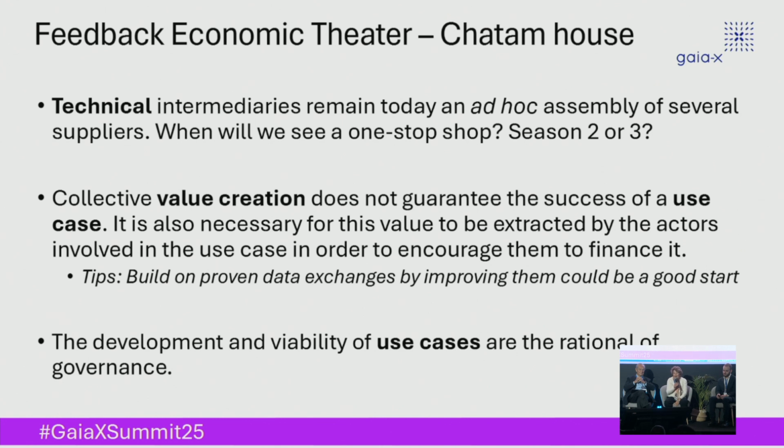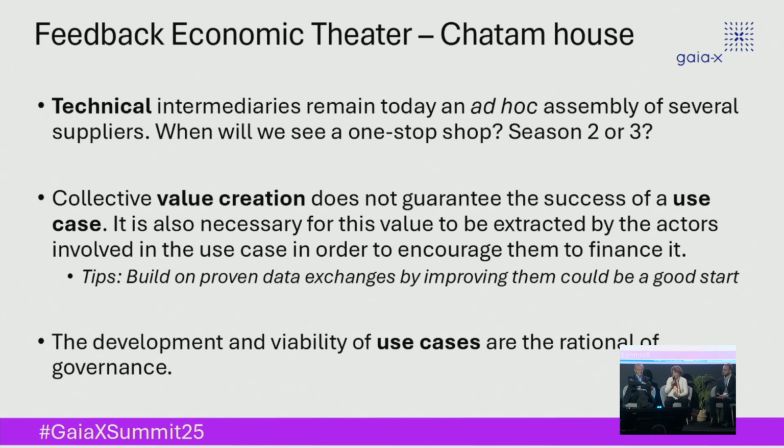First, it was clear for us that today technical intermediaries remain an ad hoc assembly of several suppliers. We have also seen the idea of a one-stop shop, but we feel that until now there are specificities, and it's not clear what is a sectoral solution and what is a general, horizontal solution.